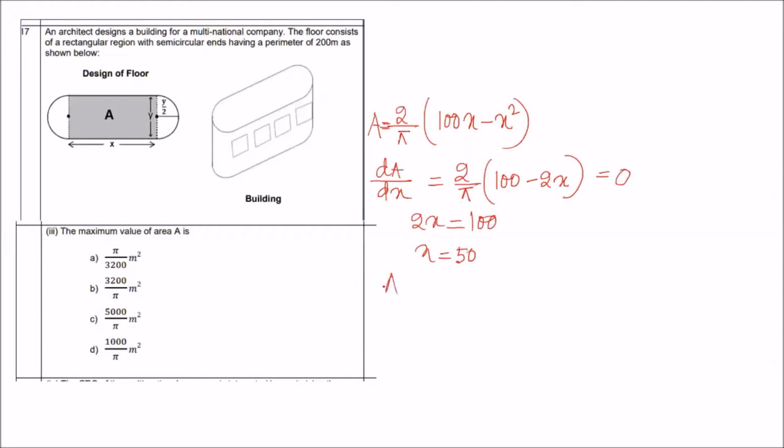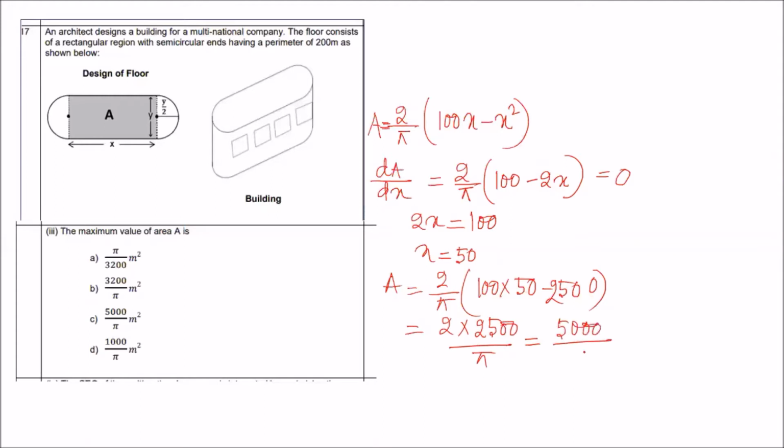Area is equal to 2 by pi into (100 into 50 minus 50 square). 50 square is 2500. So you are getting how much? 2 into, if we simplify, 5000 minus this, it will be 2500 by pi. So is there any answer? 5000 by pi, that was the answer.